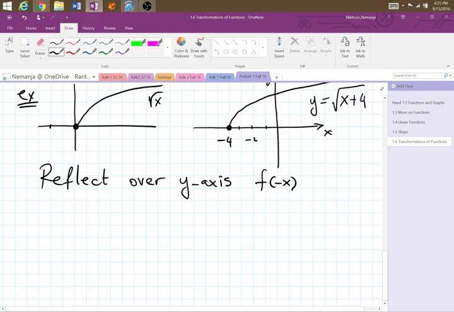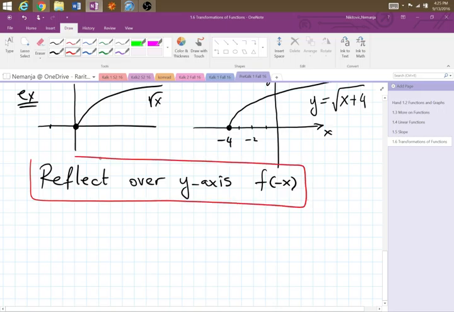Yeah, right there. A little bit of it. Everything is connected. All right, so we are looking into this, reflect over the y-axis: f of minus x.